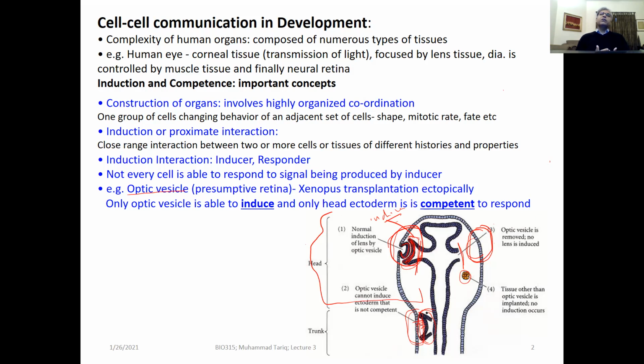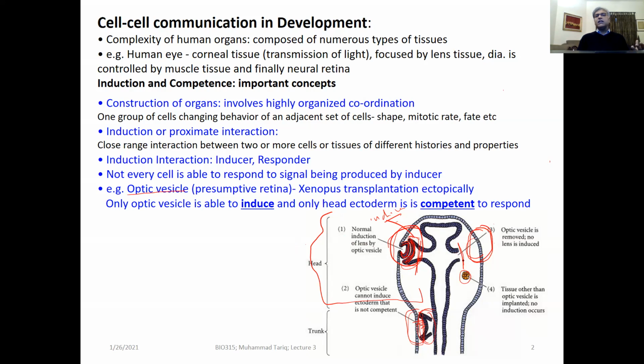So what kind of changes or what kind of behavior could be involved when we send some signals to the neighboring or adjacent tissues? It can simply result in change of shape, like here you saw. It may influence the rate of cell division.